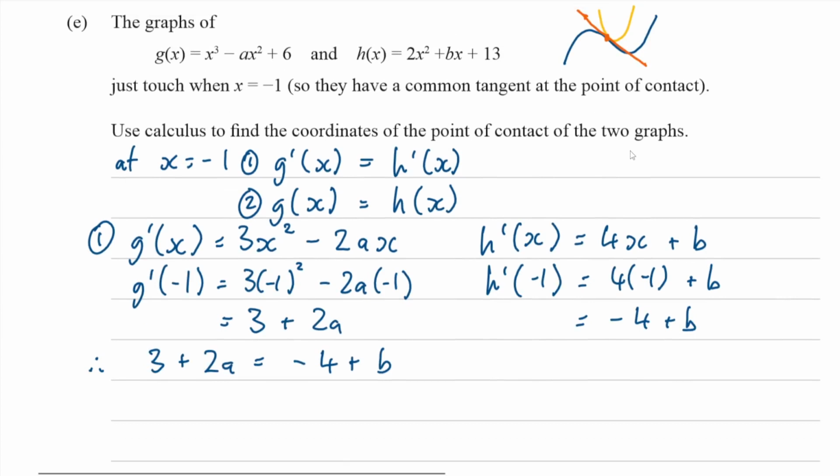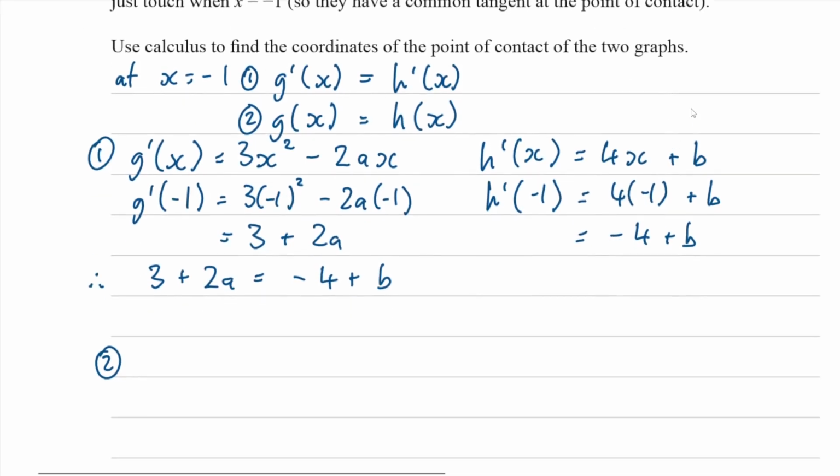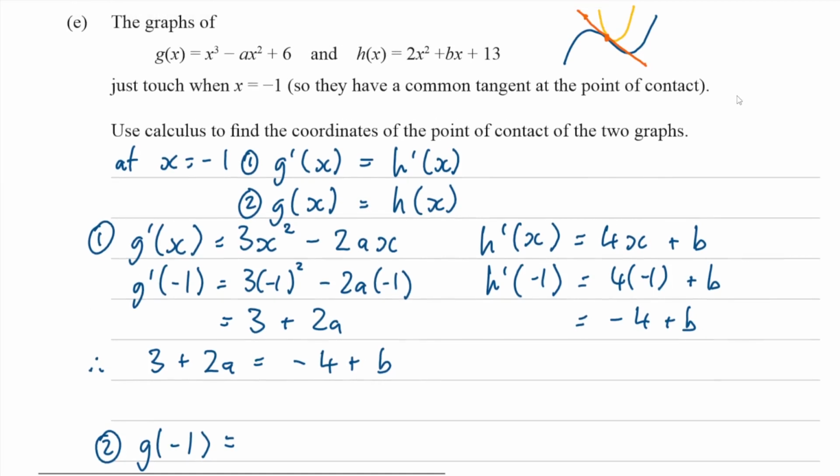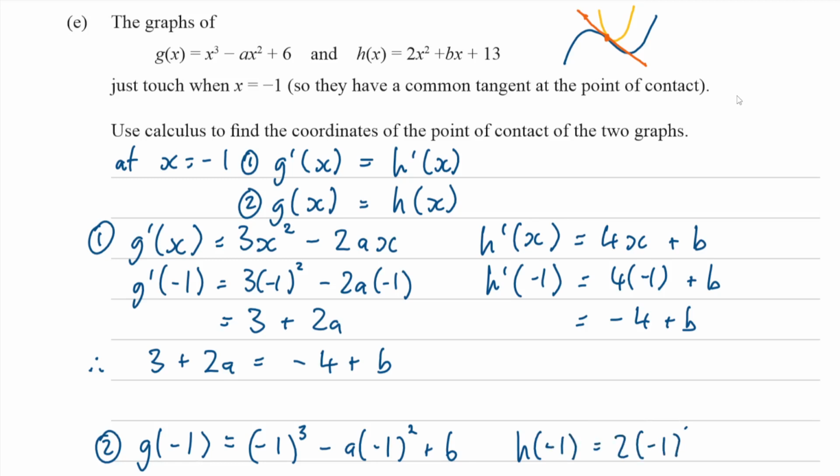So equation 2: let's evaluate g and h at x equals negative 1 and then equate them. This is the original functions, not the gradient functions. So at negative 1, g of negative 1, and h of negative 1 is 2 times negative 1 squared plus b times negative 1 plus 13.